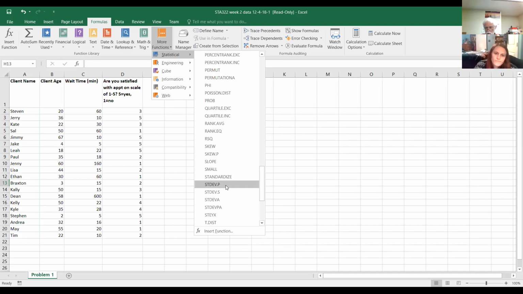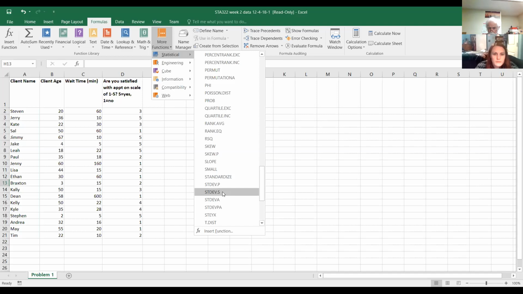Remember, it's slightly different in that we calculate the same thing, the difference between the data points and the mean squared, and then the sum of all of those differences squared, divided by the total number of data points if we're looking at a population.